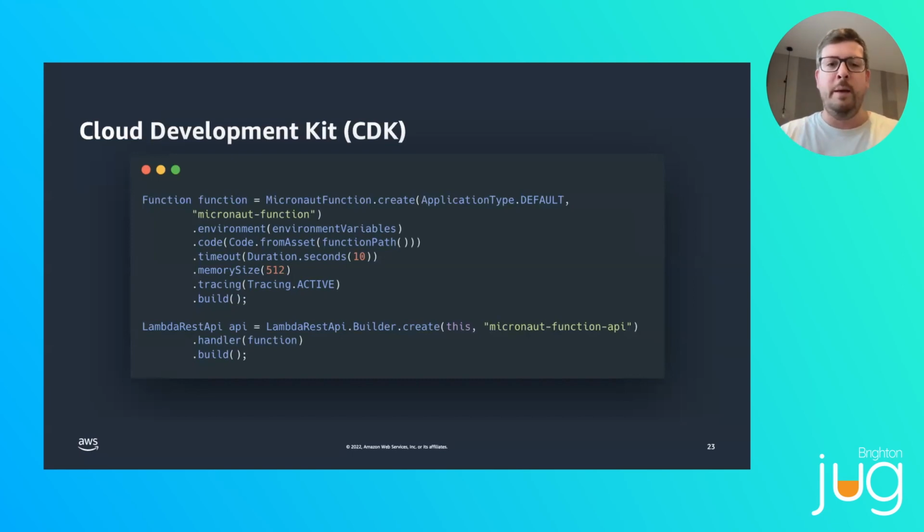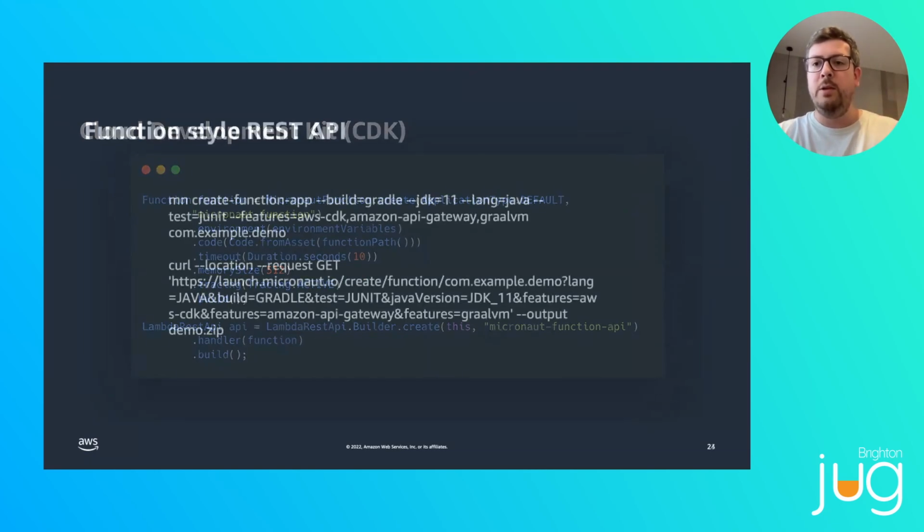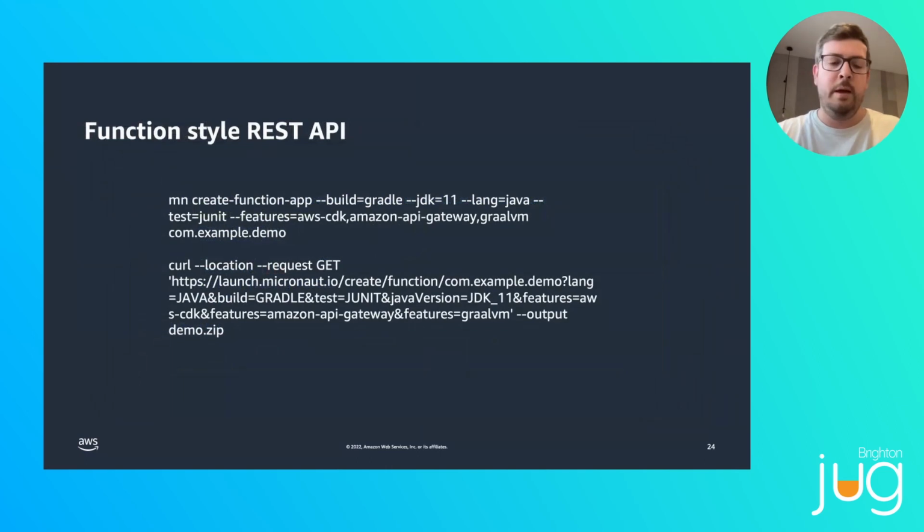I want a Lambda function with a certain memory size, and I want it to produce traces. And that's all handled by the Micronaut launch website. It has a really tight integration with this functionality. So it's very easy to not only build an application, but then to deploy it to the cloud as well.